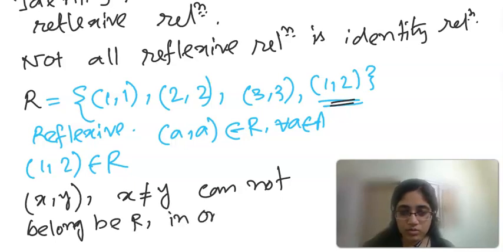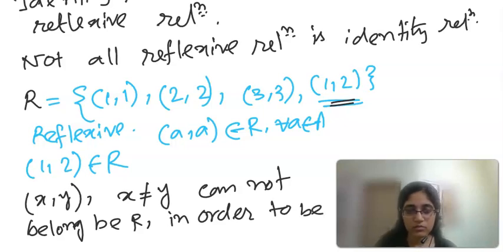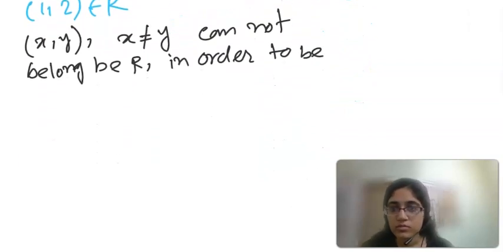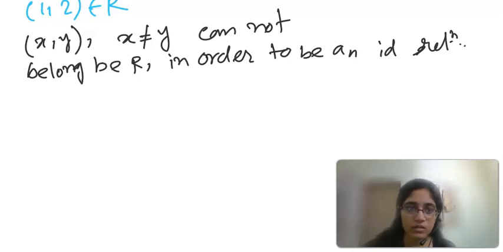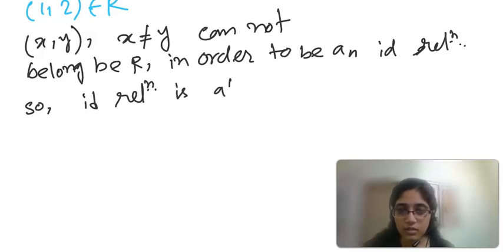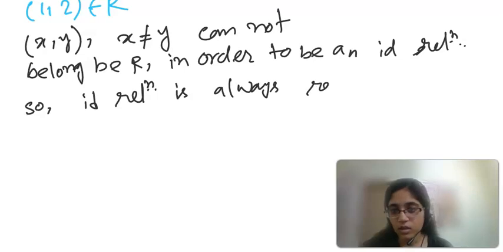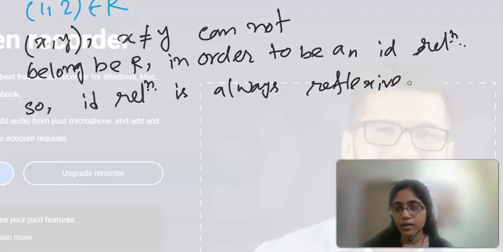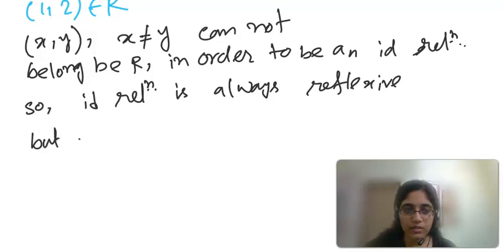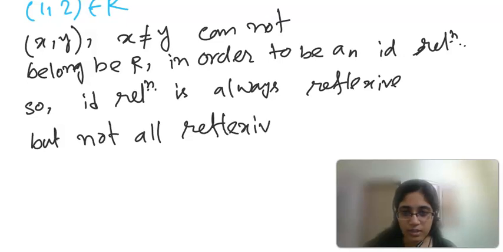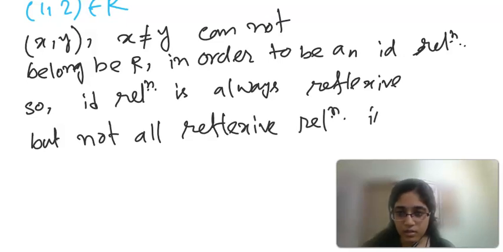So, identity relation is always reflexive, but not all reflexive relations are identity relations.